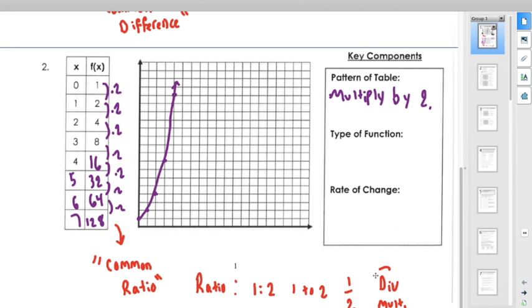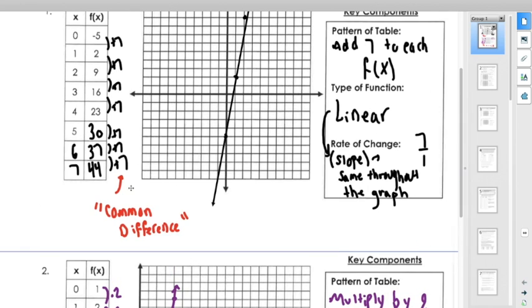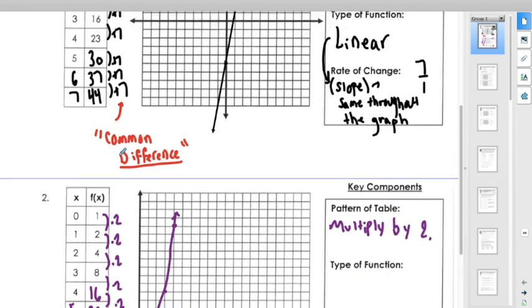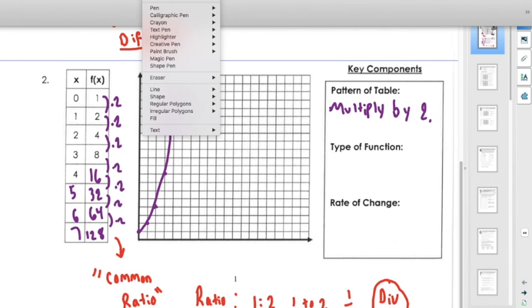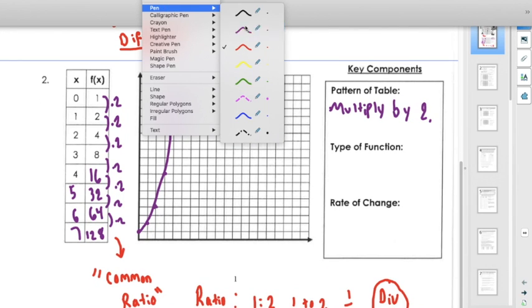So this is a good way to remember whether it's a common ratio, which is division or multiplication, or whether it's common difference. We add or subtract, and the word difference can kind of help us with that. Subtraction goes with addition, addition goes with subtraction. This is common difference.